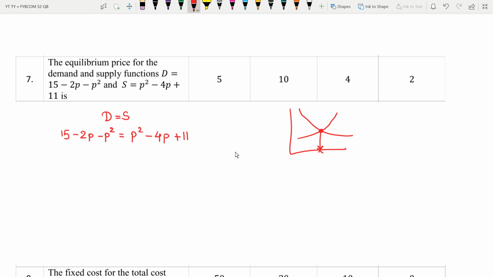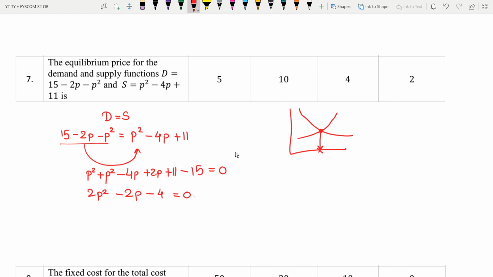Okay, so now I take everything to one side. So I get p square plus p square, minus 4p plus 2p, plus 11 minus 15. This should be equal to 0. Now p square plus p square is 2p square, minus 2p and minus 4 equal to 0.